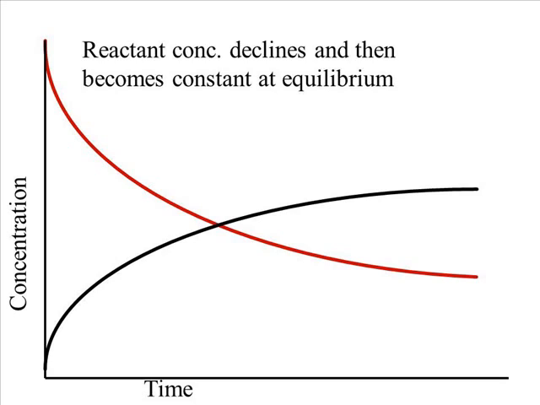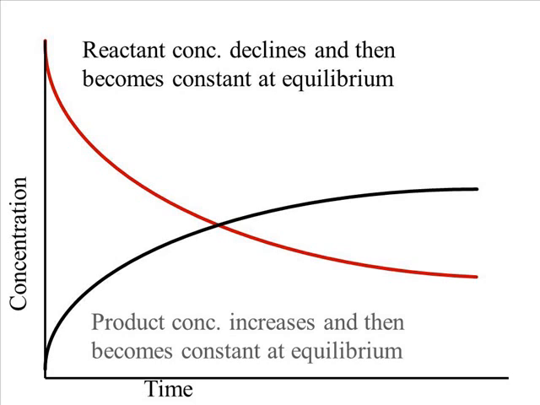The products will increase their concentration over time as they become reactants. At equilibrium, the concentration of the reactants and products no longer changes. They are not equivalent to each other, but they are no longer changing. That is the point at which you have reached equilibrium.